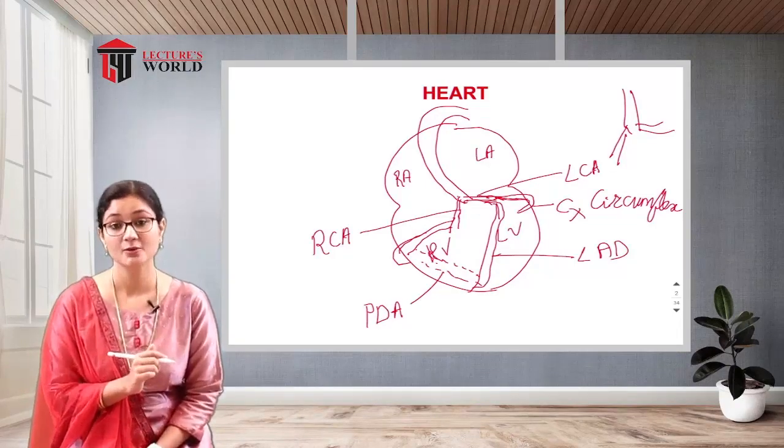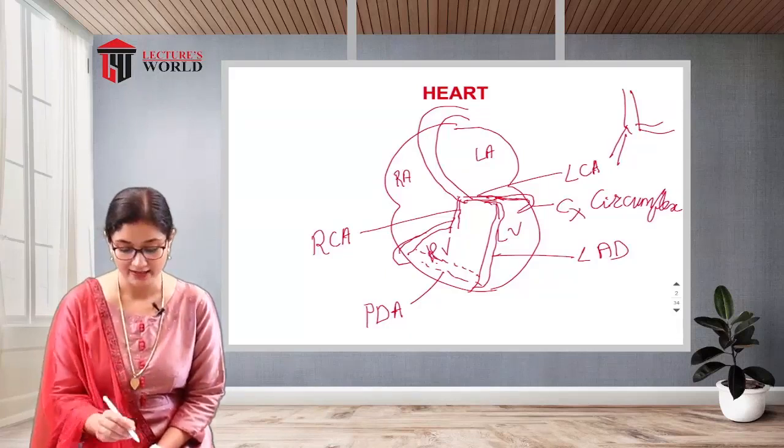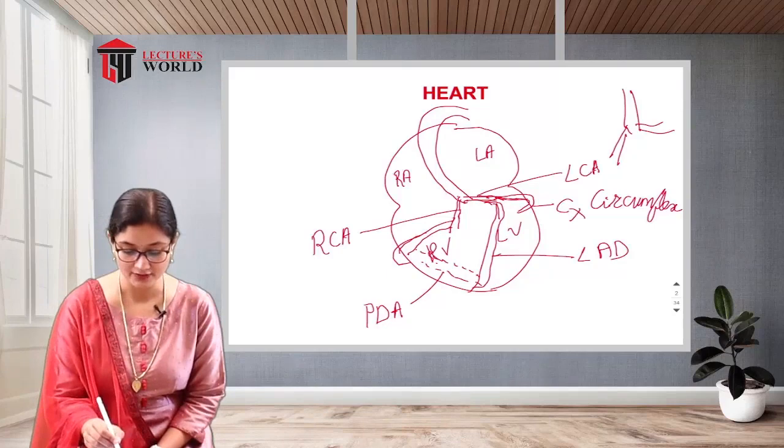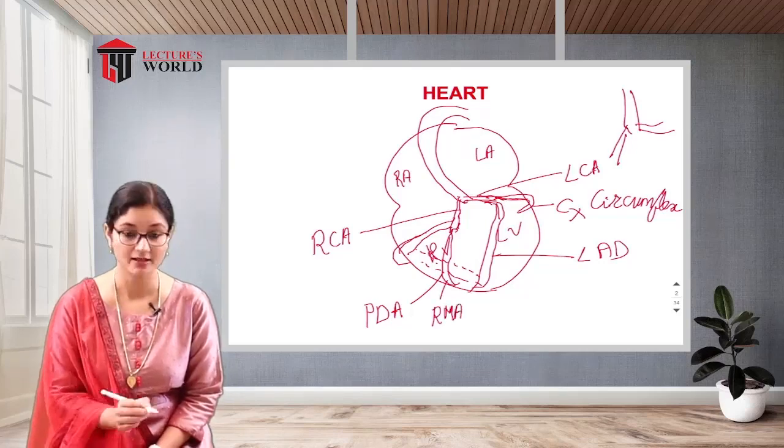RCA also gives rise to a marginal artery, which is in the anterior region only. We also call these the right marginal arteries.